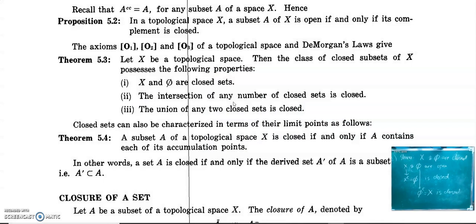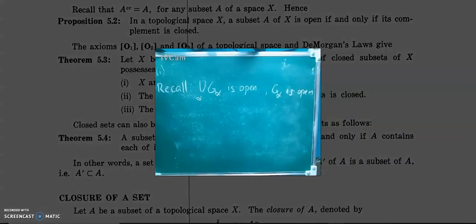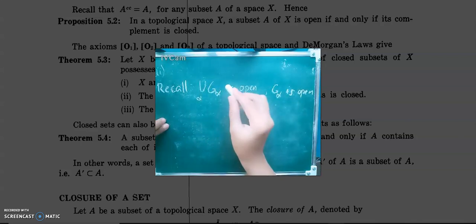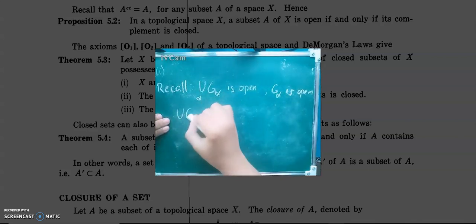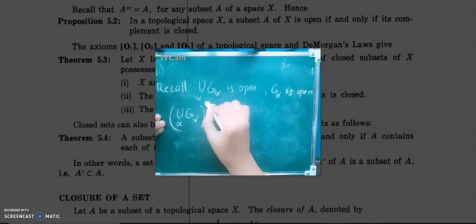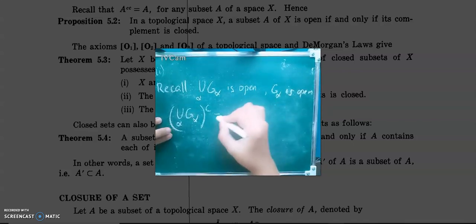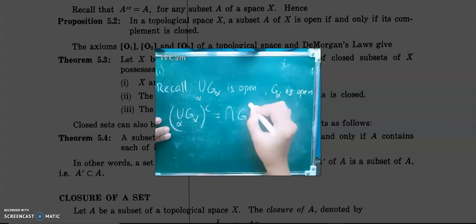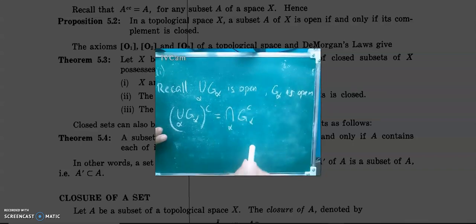We will show that the intersection of any number of closed sets is closed. Now recall that the union of open sets is open. We have here for each G alpha, it is open. Now if you get the complement of this, the complement of the union is the intersection of the complements. Actually, we use here De Morgan's law.